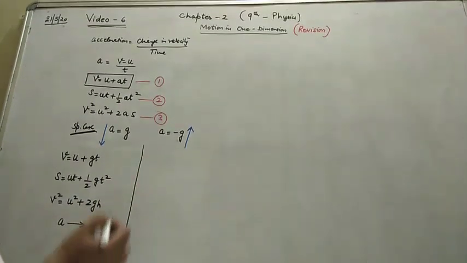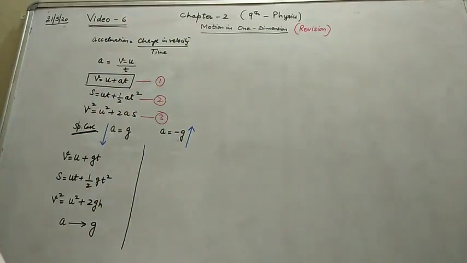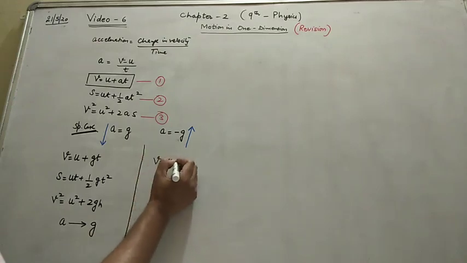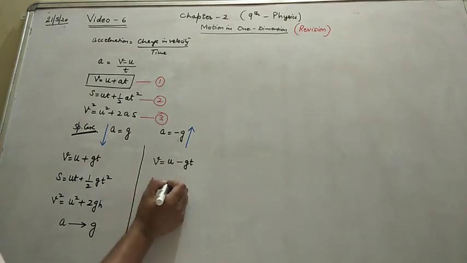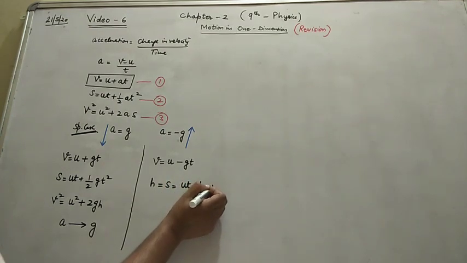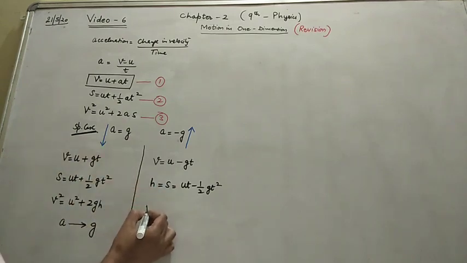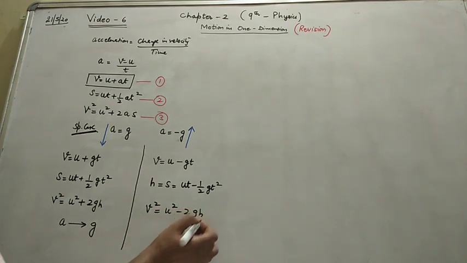Okay, and when the body is moving against gravity in the vertically upward direction, the equations will become v is equal to u minus gt. S we can replace with h, that is h is equal to ut minus half gt square, where s is height, and third is v square is equal to u square minus 2gh.